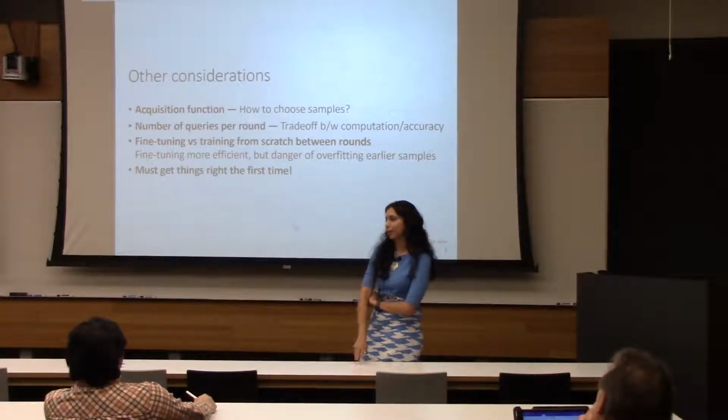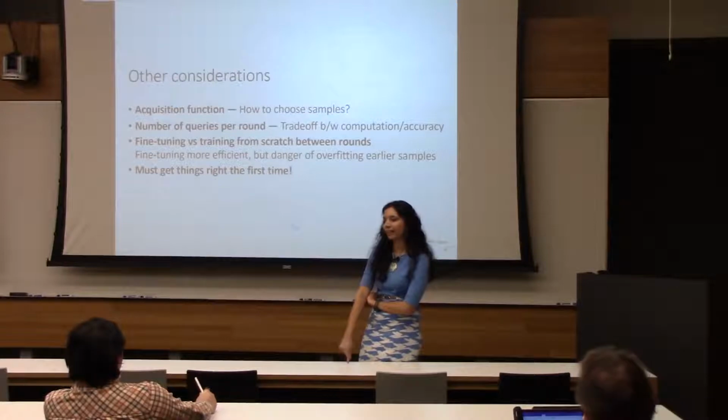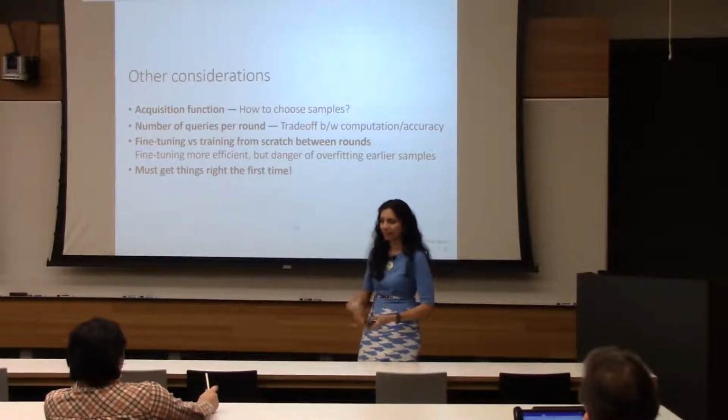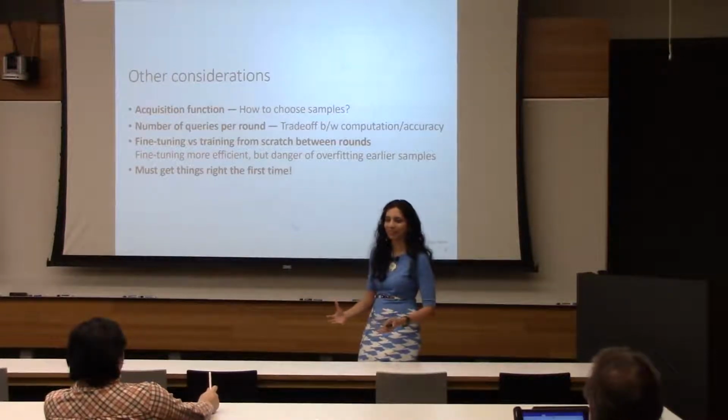And so in theory, if you go back to the classical theory on active learning, there you assume you just completely retrain your model from fresh, right? You take all your samples, the old and new, and train the best possible model with that.